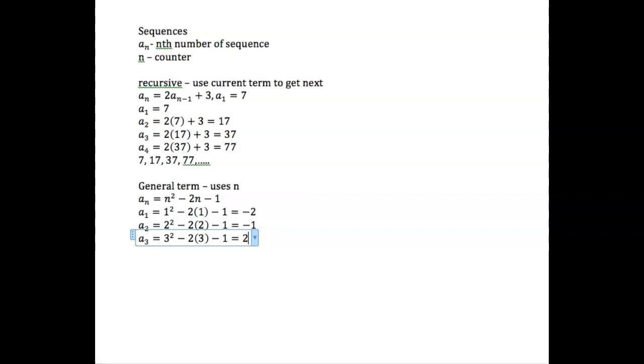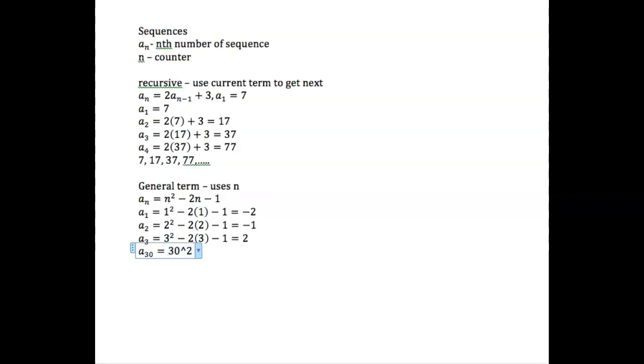Here's the real beauty of the general term definition of a sequence, though. If I want a30, the 30th term of this sequence, I don't have to go through all 29 of the terms that came before it to get there, like I would have with a recursive sequence. I can cut to the chase here. a30, I'm going to replace all the n's with 30's.